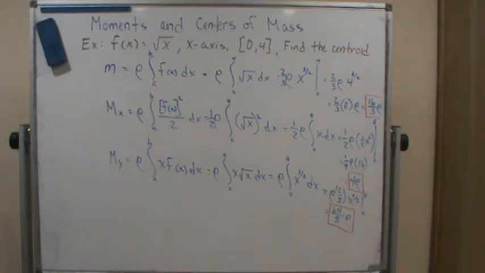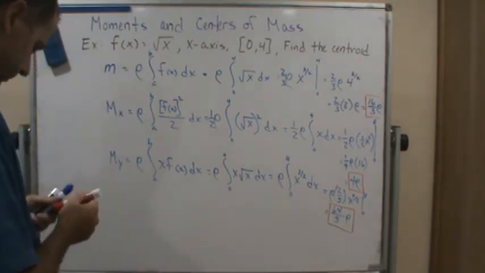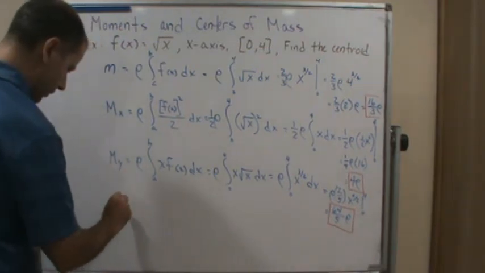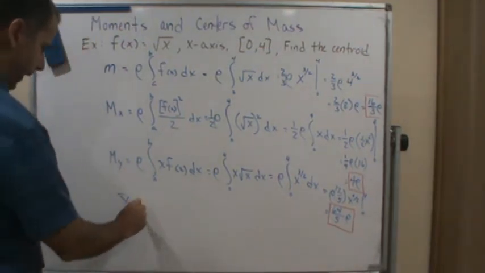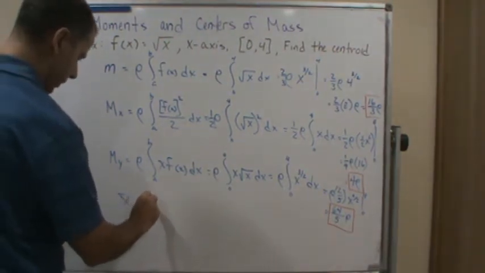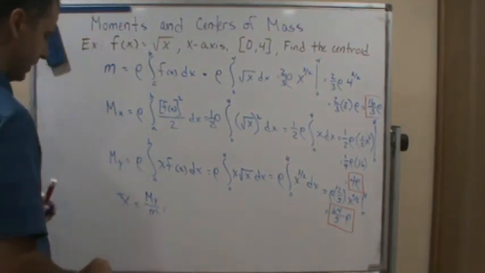Okay, so now all I'm going to do is divide, right? Well, let's see what happens when we divide. So the x coordinate for the center of mass is equal to m sub y over m, which in this case is going to be what?